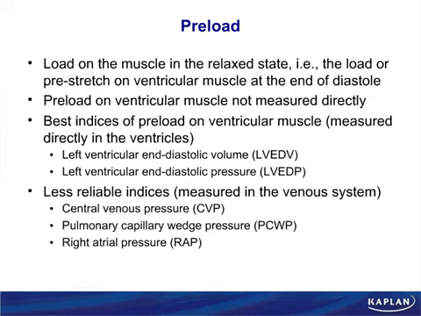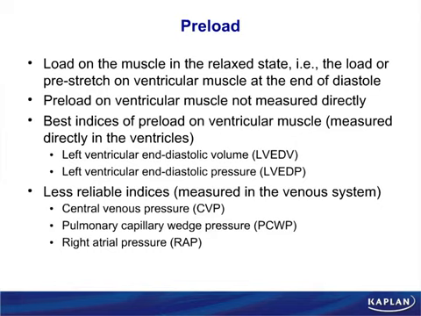All of these are indicators of preload. They may be less reliable, but these are the ones that are frequently measured clinically. And so for USMLE Step 1, be prepared for measurements or clinical vignettes in which they talk about CVP or pulmonary wedge pressure or right atrial pressure.